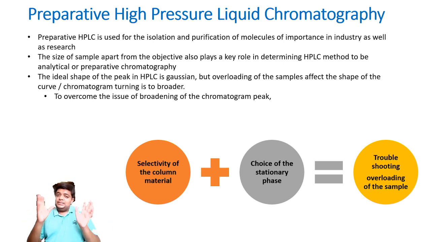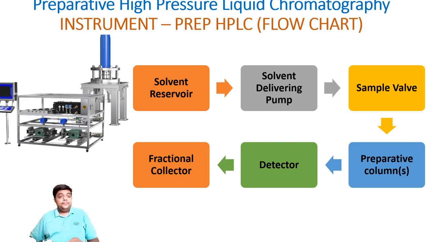This is troubleshooting the broadening of a chromatographic peak in preparative HPLC. So this is a very good competitive exam question: how can you overcome the broadening of a chromatogram peak? You can do so by selecting a particular column material, that is, the choice of an excellent stationary phase, and initially, friends, remember it is always done by trial and error.